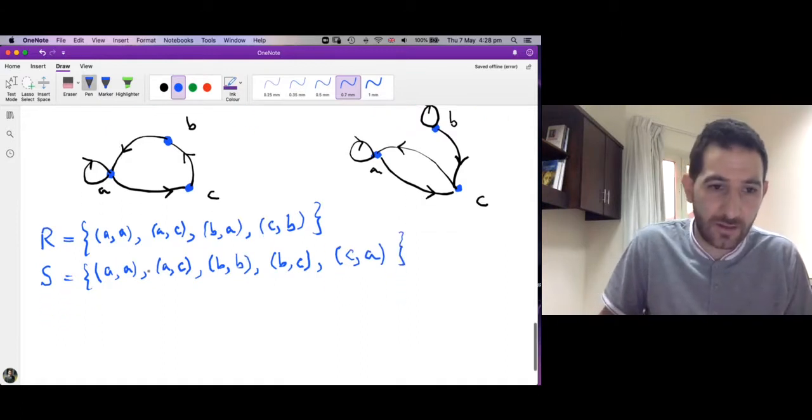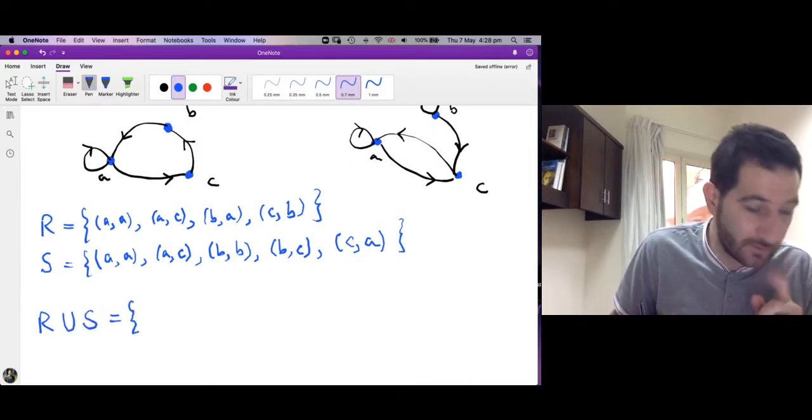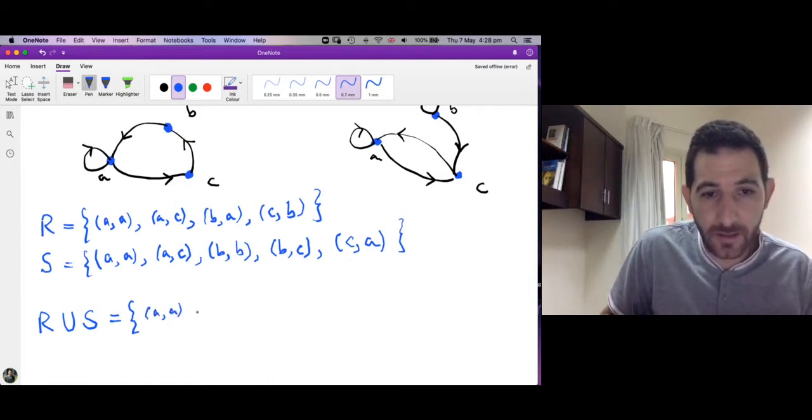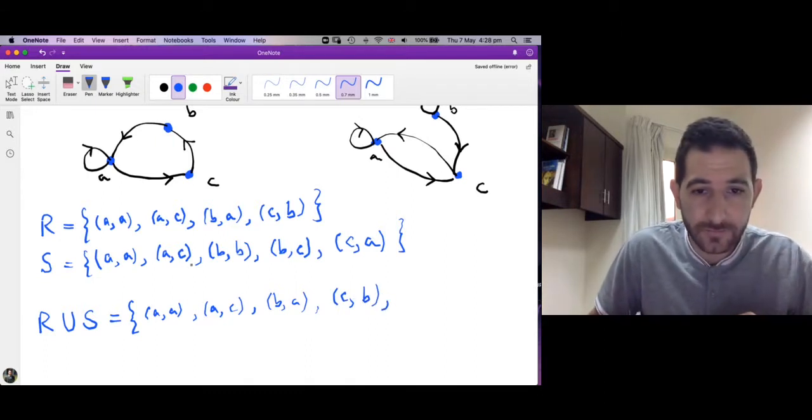Now from these R and S we obtain the relation R union S. So what is R union S? It is AA, AC, BA, CB. What else do we have?